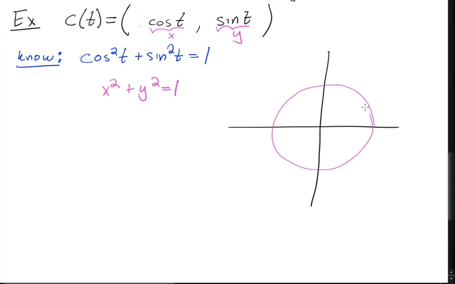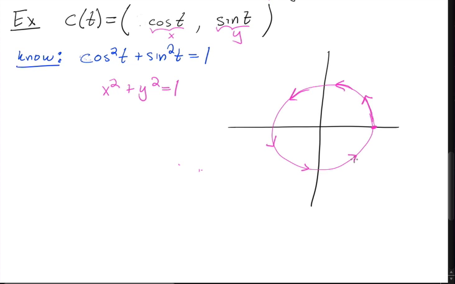Okay, but then remember we said that parametric curves have a direction. So what do you guys think about that? What direction is it going in? For the circle, it's kind of obvious that it's rotating counterclockwise, because if you start at t equals 0, then you start moving in this direction, just because of what you know about sine and cosine.